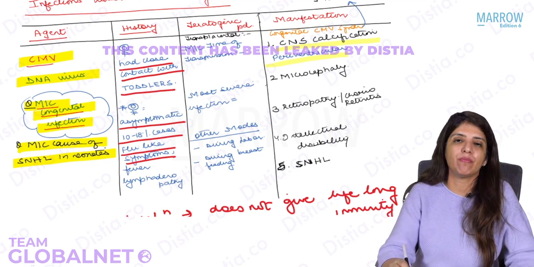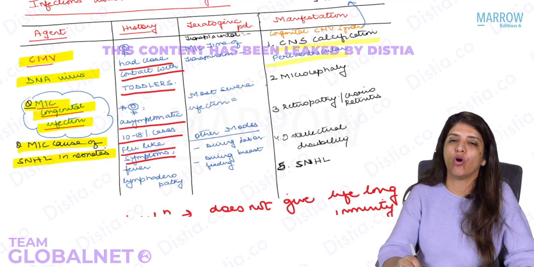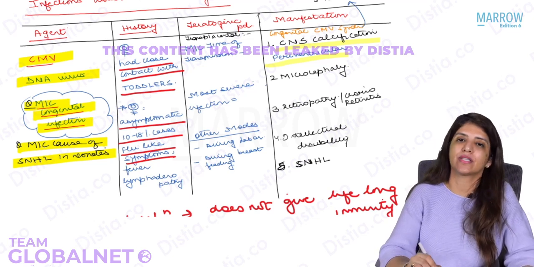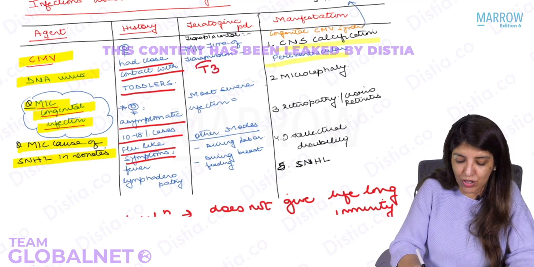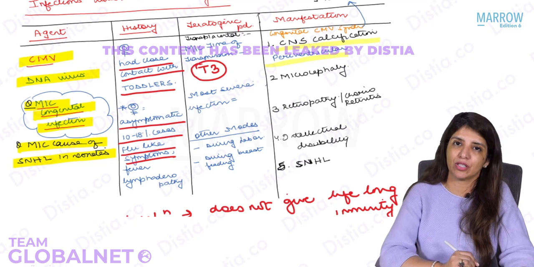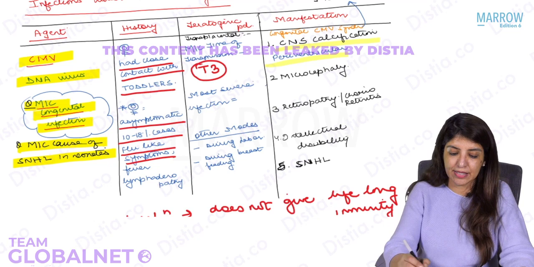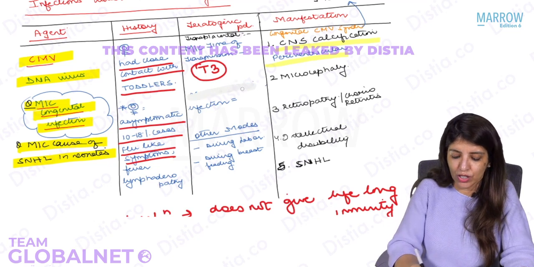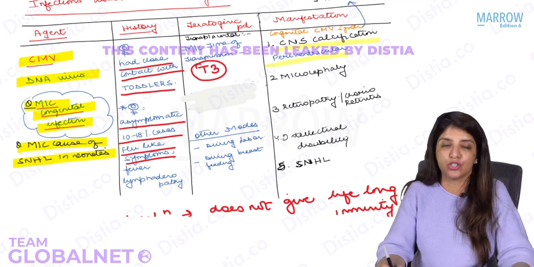Now, if a pregnant female has a cytomegalovirus infection, what is the most common time of transmission? Please remember, the most common time of transmission of cytomegalovirus is third trimester. You don't need to know any other thing over here. Just the most common time is third trimester.